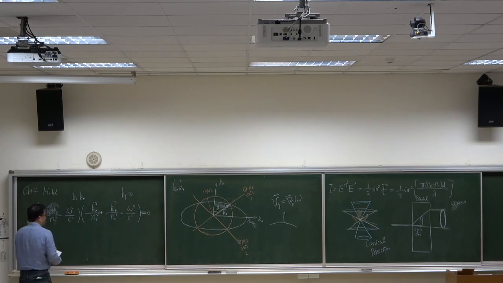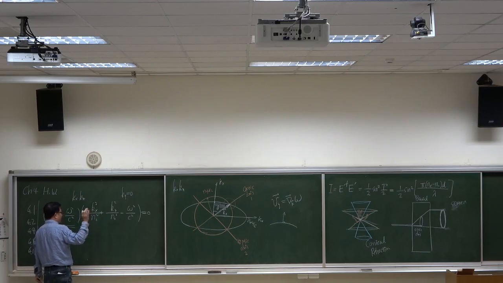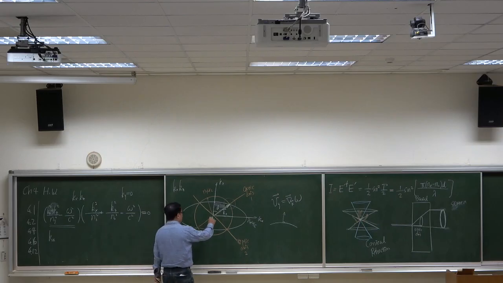So according to this circle equation, the x component and the z component of k0 can be written as follows.